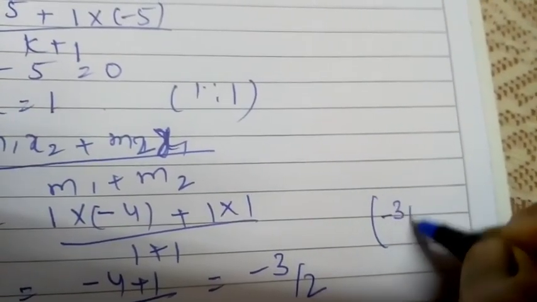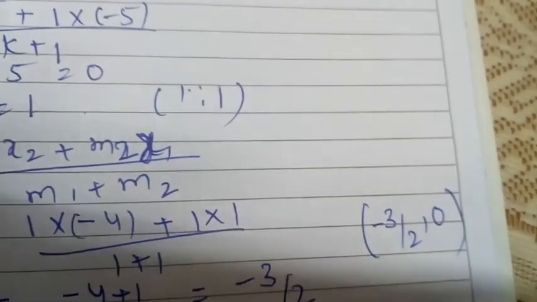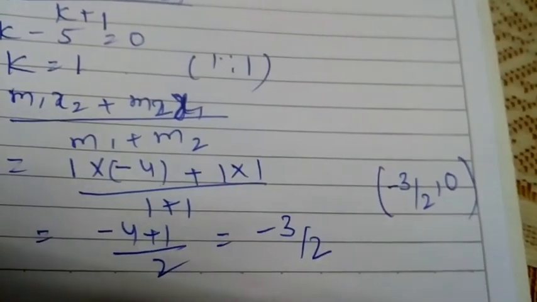Hence the point of division has coordinates (-3/2, 0). This is the answer. Okay, thank you.